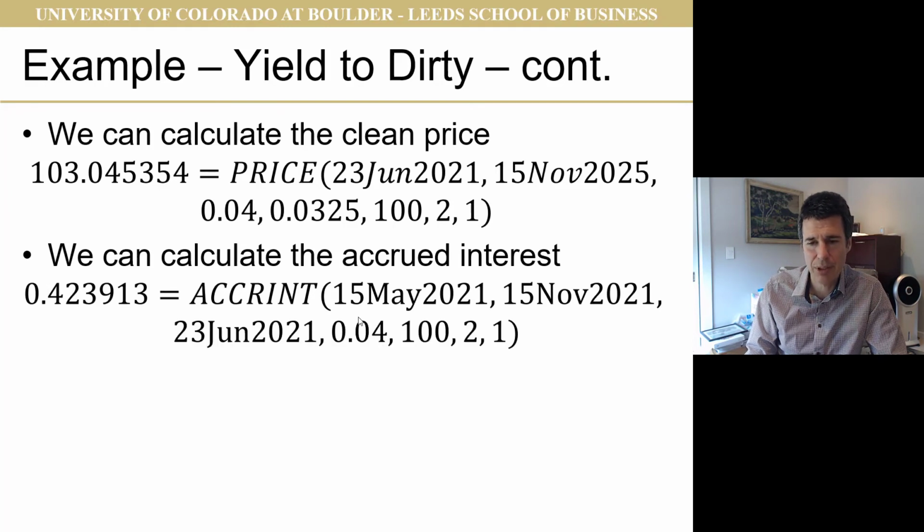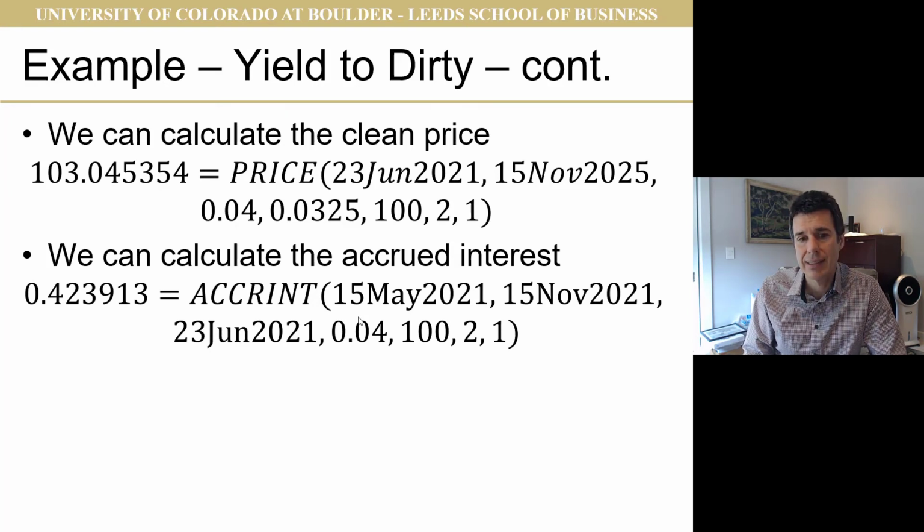Calculate the accrued interest. In order to calculate accrued interest, we need the previous coupon date and the next coupon date. Accrued interest, ACCRINT, previous coupon date, 15th of May 2021. COUPPCD will calculate that. Next coupon date, 15th November 2021, COUPNCD.